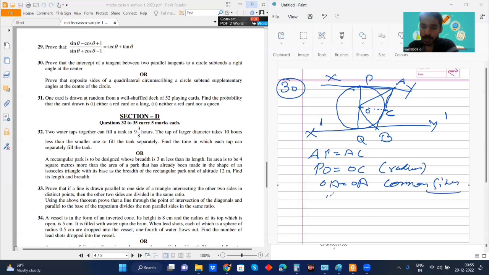So in triangle OAP and OAC, they are congruent by SSS criterion. So CPCT will be angle AOP is equal to angle AOC. Hence, we can also say angle BOQ is equal to angle BOC.